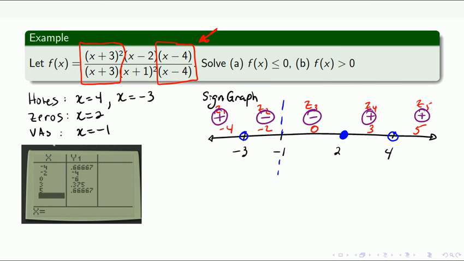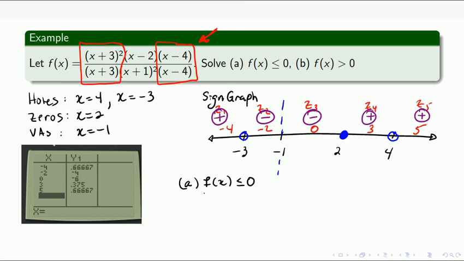Last but not least, I want to interpret this sign graph as the solution to my inequalities. For part A, we want to solve f of x is less than or equal to 0. The solutions are going to be those parts that fall below the x-axis, the negative zones, so zone 2 and zone 3.